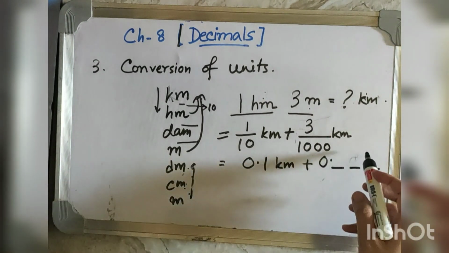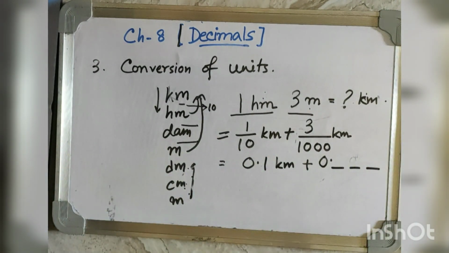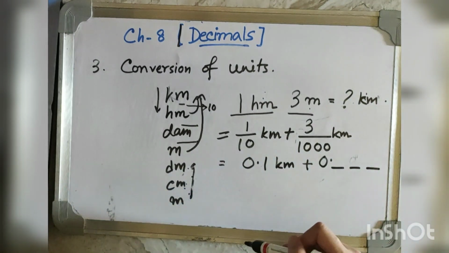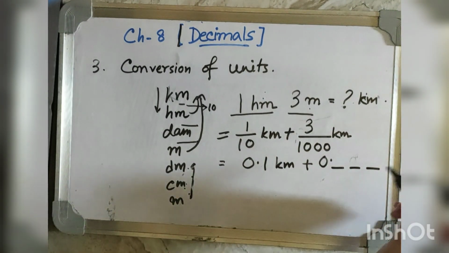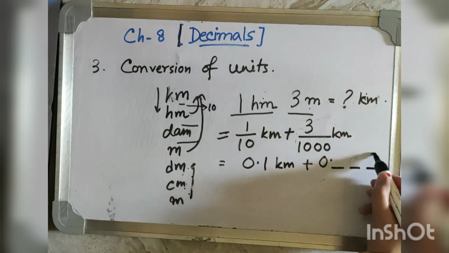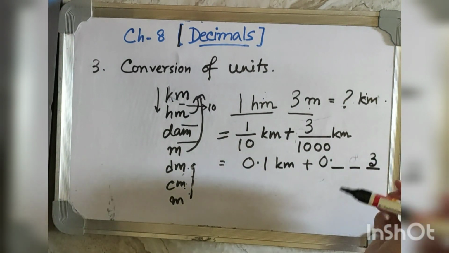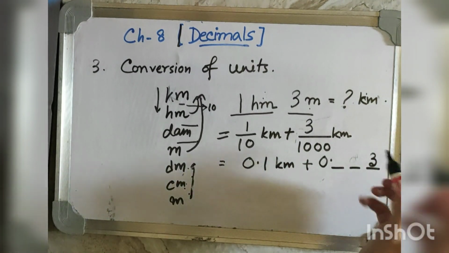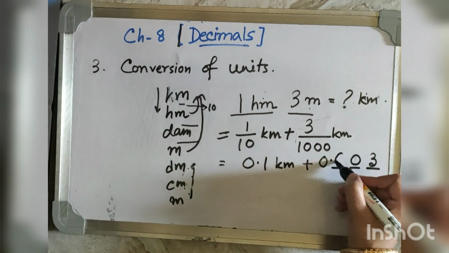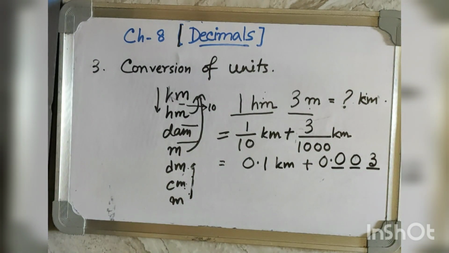numbers after the decimal towards the right. Because here we are getting 3 zeros as a denominator after 1. So 3 thousands, in the place of thousands we will place 3. And the rest of the places will be filled up by zeros.